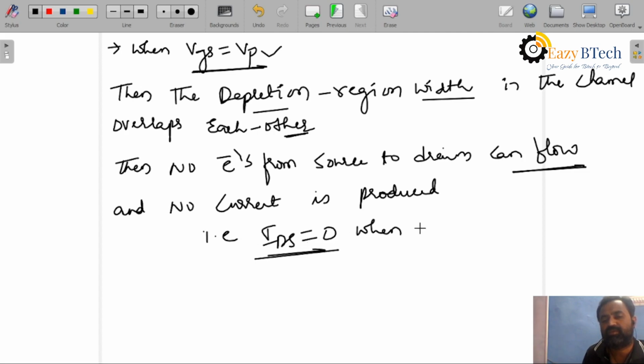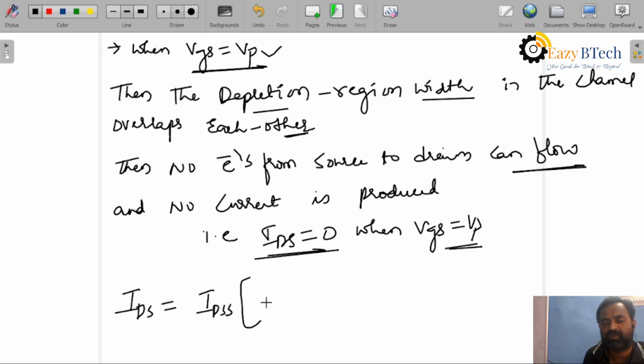Now the total drain current IDS is equal to IDSS times (1 minus VGS by VP) whole square. Now you can see when VGS is equal to VP, what happens?